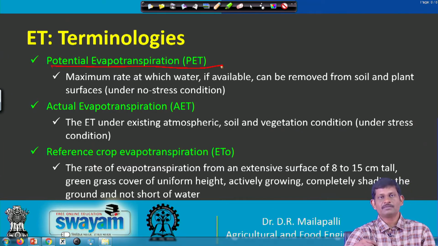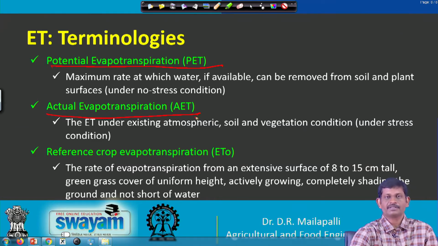This is the maximum rate at which water is removed from the crop area, basically under no stress condition. The crop is well grown without any water stress or nutrient stress. So, that is potential evapotranspiration.